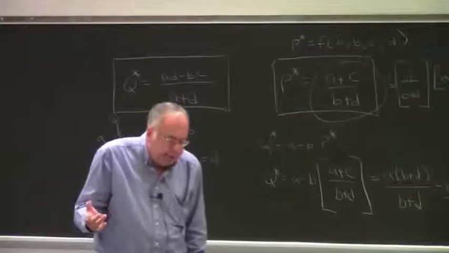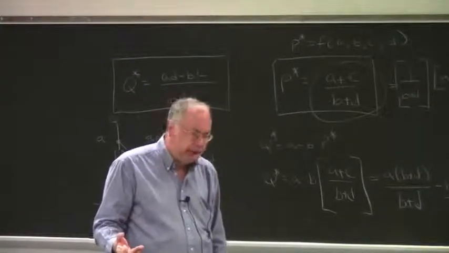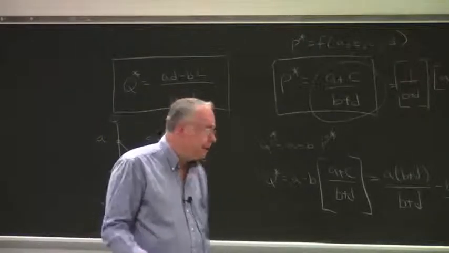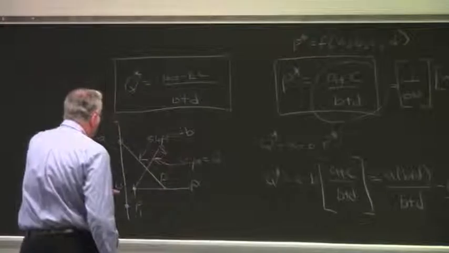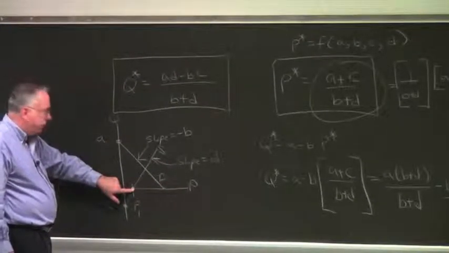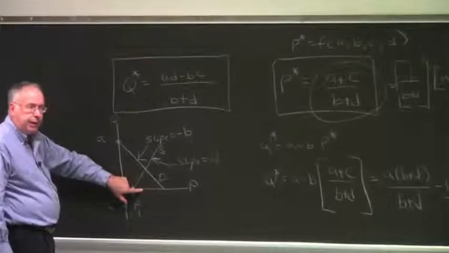Even at P1, the quantity supplied would be 0. What you need to get positive production is a price above P1. But it makes sense for this P1 price to be positive. You have to have a price above P1 to elicit positive supply.